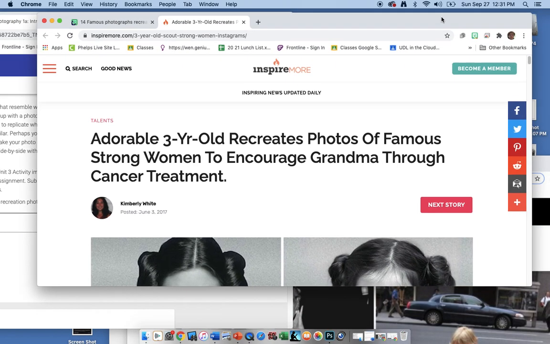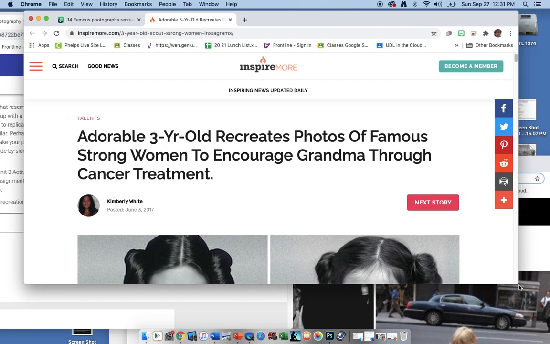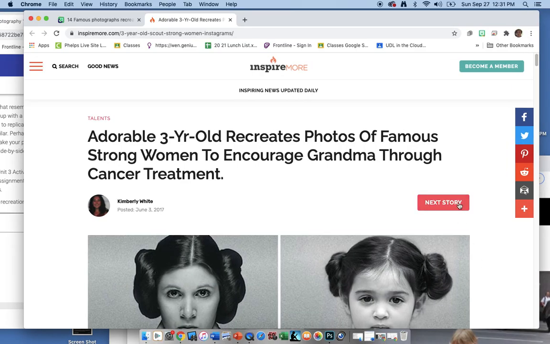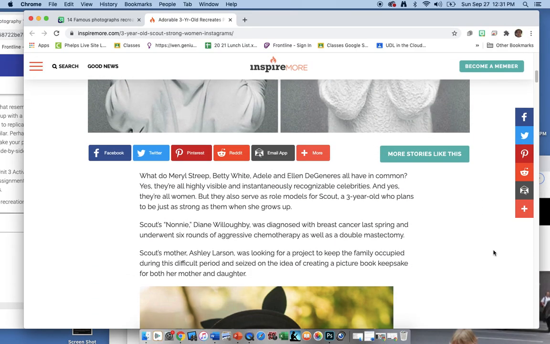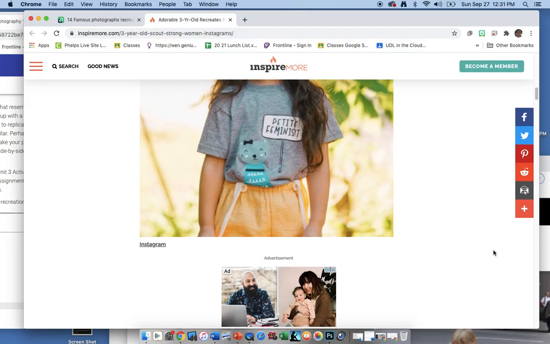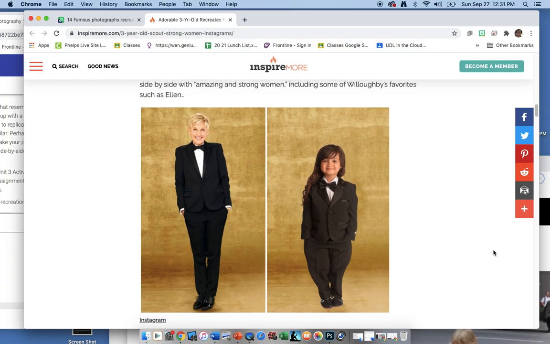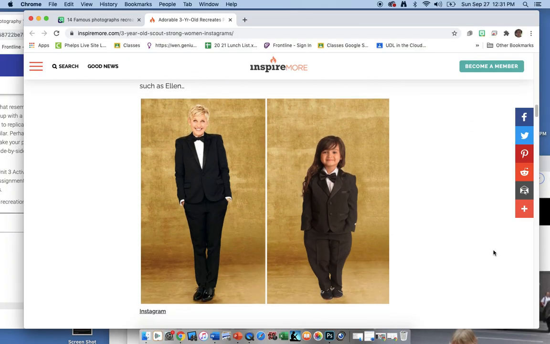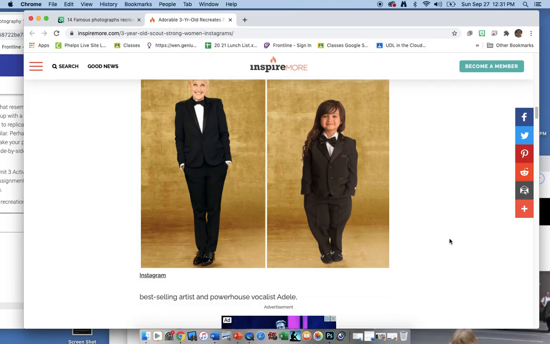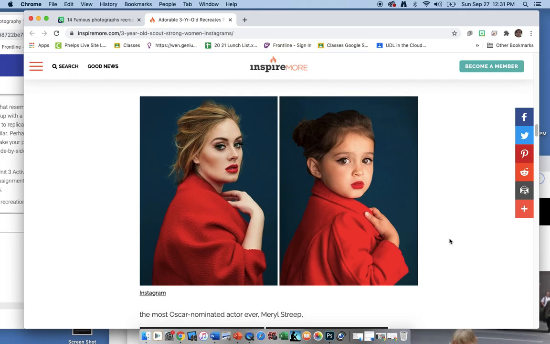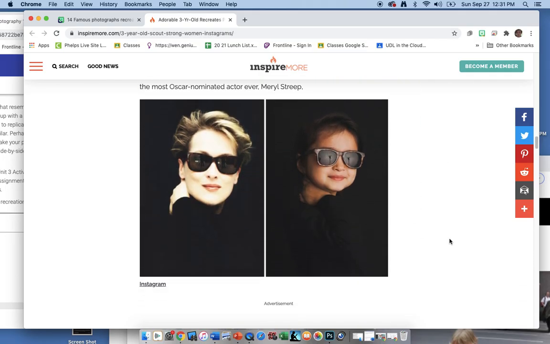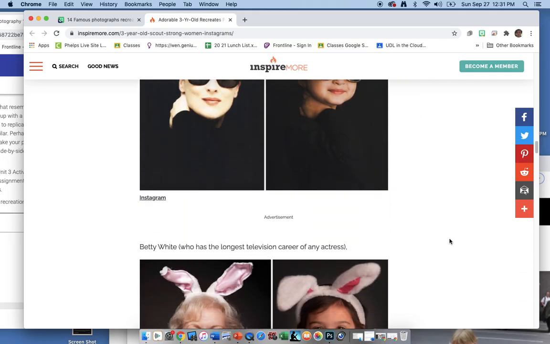So in here, this is very cute. This is a 3-year-old who did Princess Leia. So here she is doing a photograph of Ellen DeGeneres. Okay, so here she is with Meryl Streep, and a couple other ones.